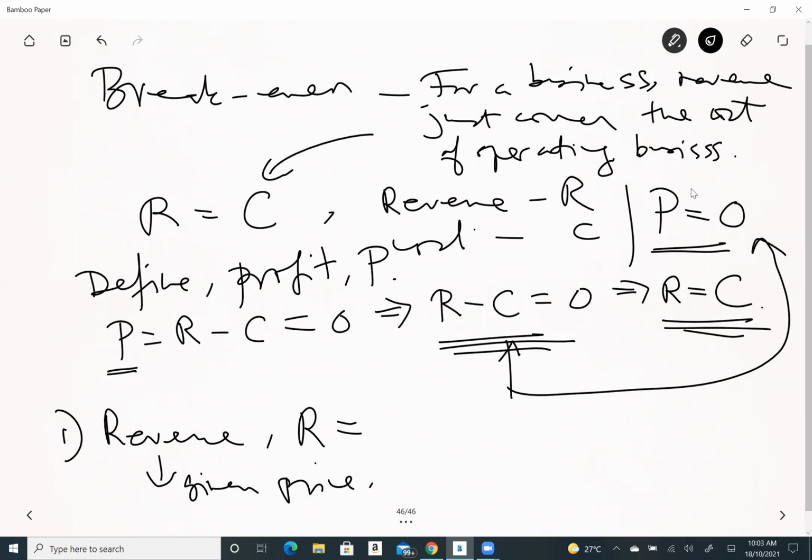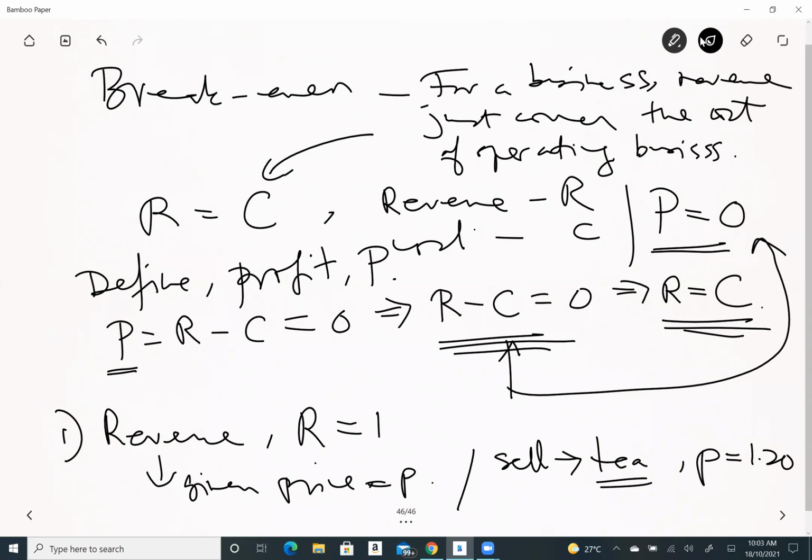Given the price, call it P. Let's say you sell teh tarik, and the price of the tea per cup is say 1 cent. So how do you measure your revenue given that price? How do you get your revenue? You multiply by the quantity.